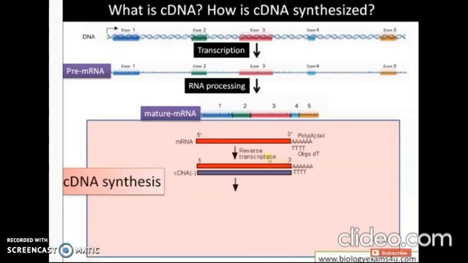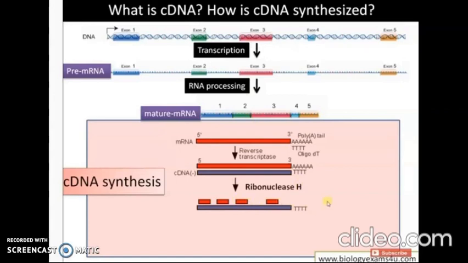Using the reverse transcriptase enzyme, the enzyme that is capable of synthesizing DNA from an RNA template, it can synthesize a DNA strand. This red strand is the mRNA strand. So using this enzyme, we are synthesizing the DNA strand. Now we have the first strand called complementary DNA, a strand that is complementary to mRNA.